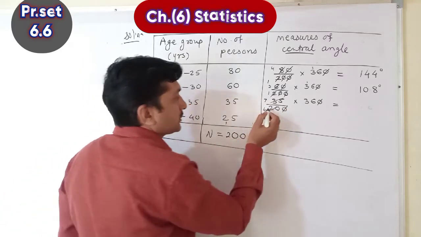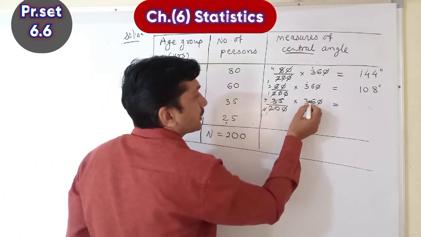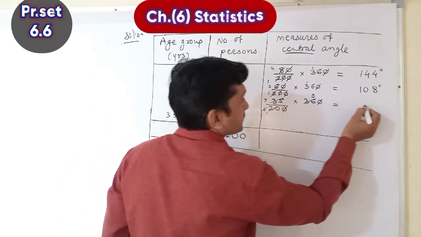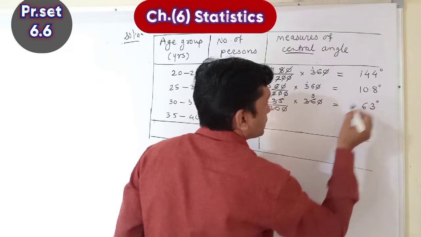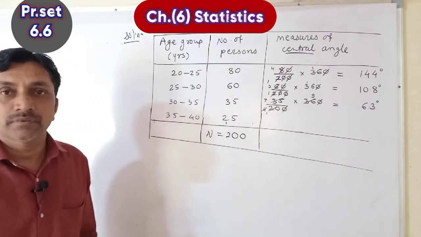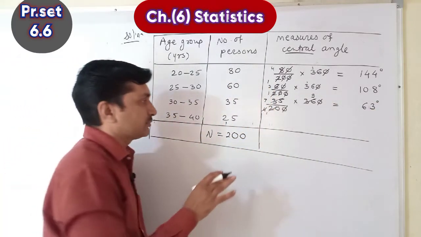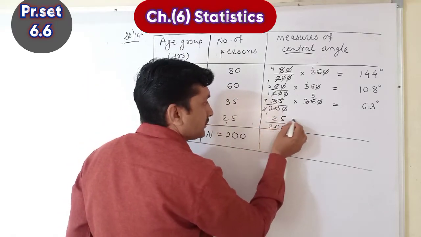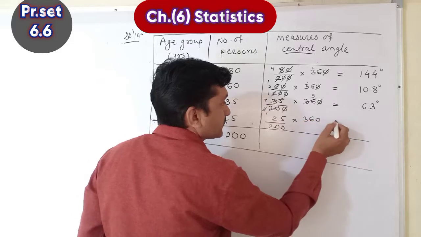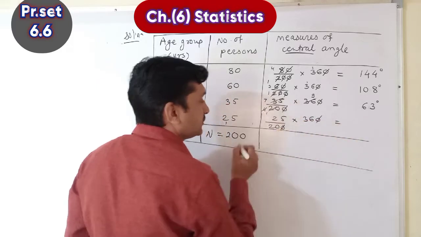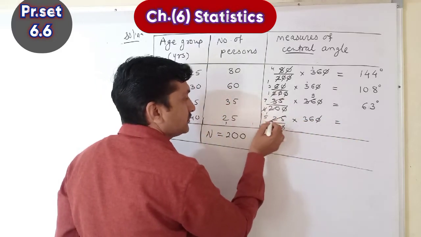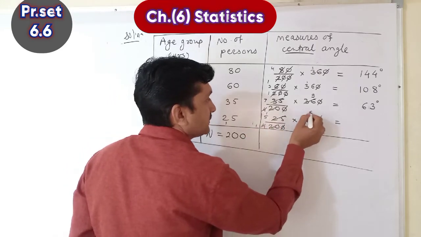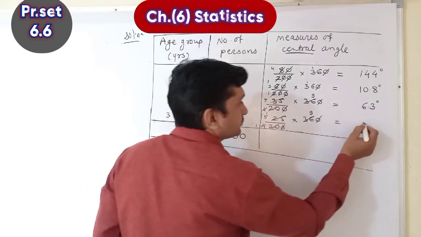Okay, then 2 1s are here, and here 9 7s are 63 degree. The method is the same for all examples. Last, 25 upon 200 multiplied by 360 is equal to, this 0 cancel, by 5, 5 5s are 5, 5 4s are 4, 1s are 9s are 9, 5s are 45.